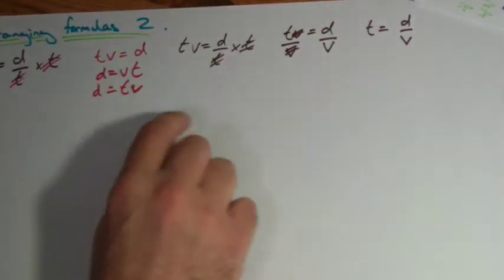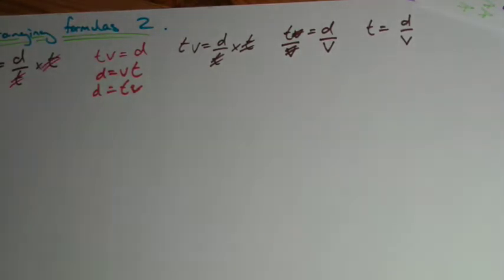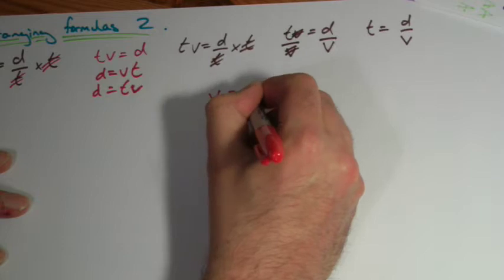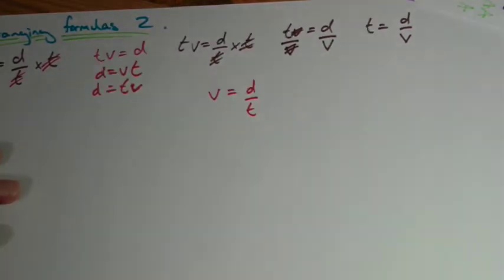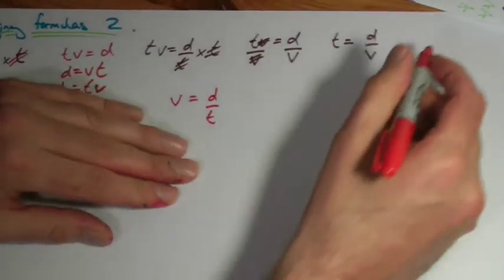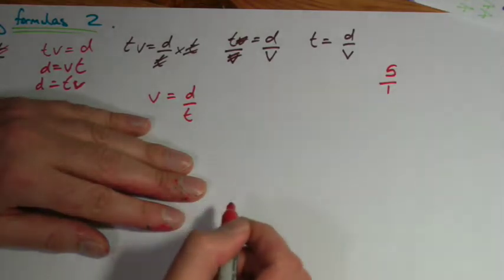Now I'm just going to show you another way to write this out, and you'll see where I'm going with this in a second. So here we go, same formula again, velocity equals distance over time. Now one way we can write whole numbers down is by writing them as a fraction. So the number 5 can be written as a fraction like that, 5 over 1.